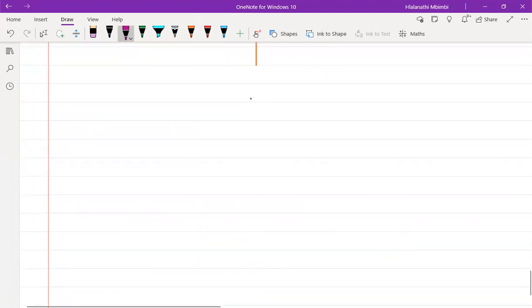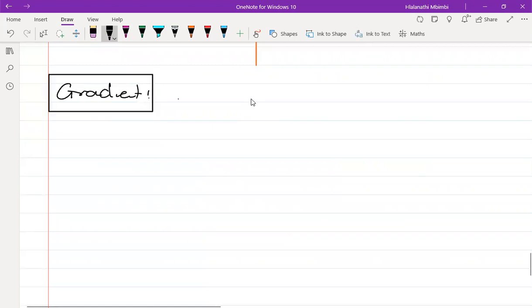Now let's go back. Let's talk about the gradient. The gradient is one of the things that you're going to speak a lot on. Calculus is just based on a gradient as well, the whole entire chapter.